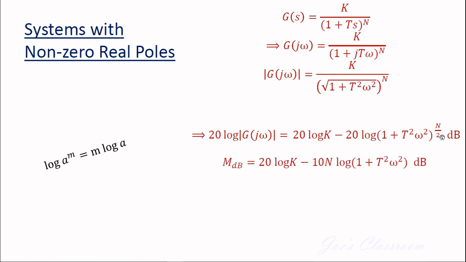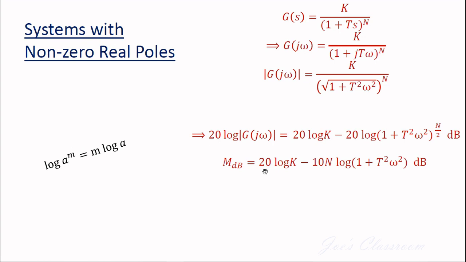Another logarithm formula we know is log a power m is equal to m into log a. If I apply this formula, n by 2 comes here, and therefore it is going to be 20 into n by 2, that is 10n. So the final expression to calculate the magnitude of the system in decibels is this.